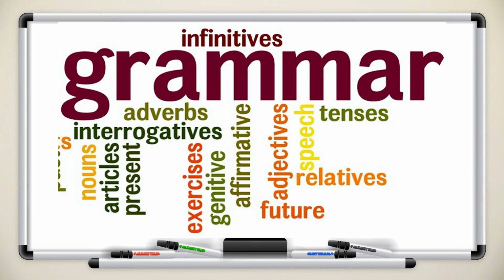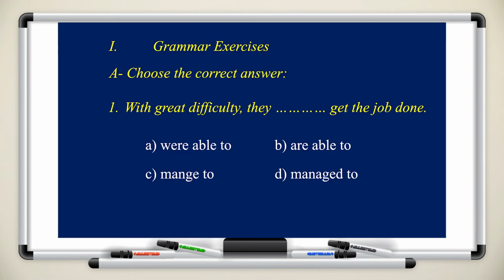Let's go through the grammar. Now, grammar exercise, choose the correct answer. Number 1, with great difficulty, they, space, get the job done. Read the sentence carefully and read the answers and choose the suitable or the correct answer.